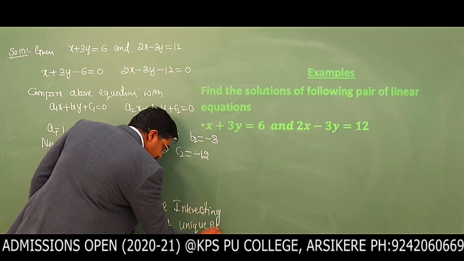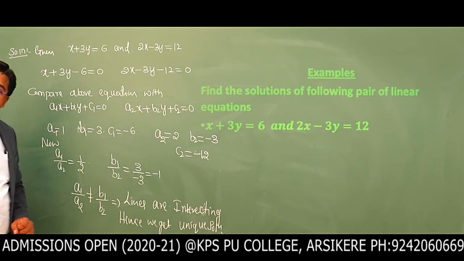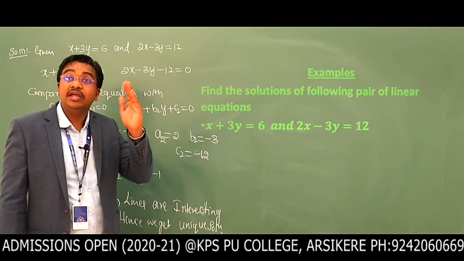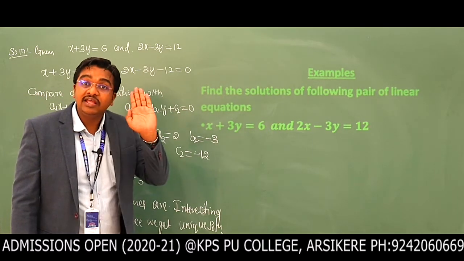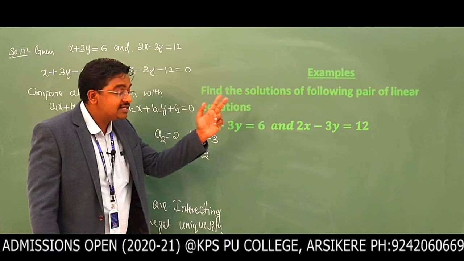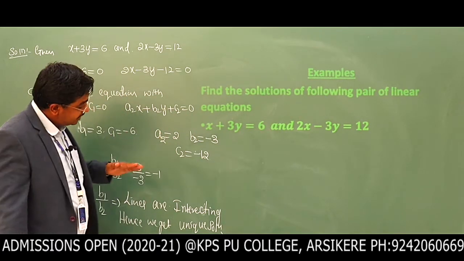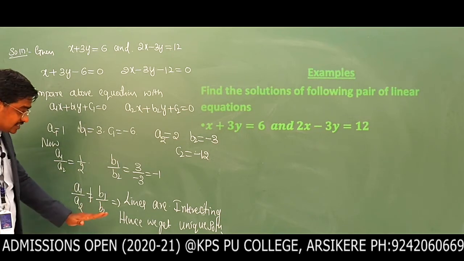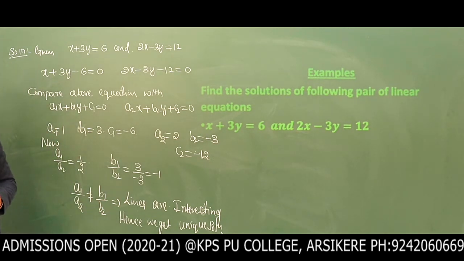Understood? So what is the method here? Just take the coefficients a1, a2 and b1, b2. If they are equal, then go with your second case. If they are not equal, we directly come to the conclusion: the lines intersect, hence we get a unique solution. Take a pause and note down all the things I have written here.